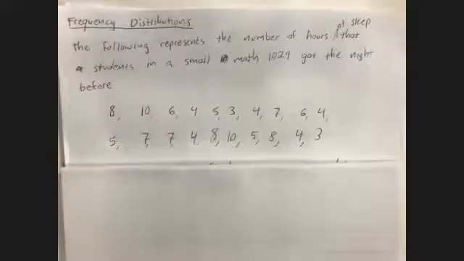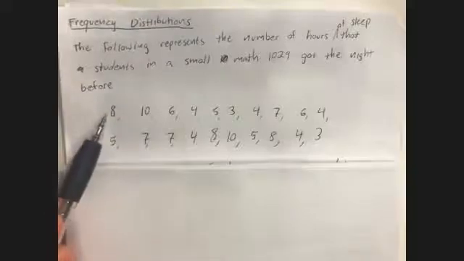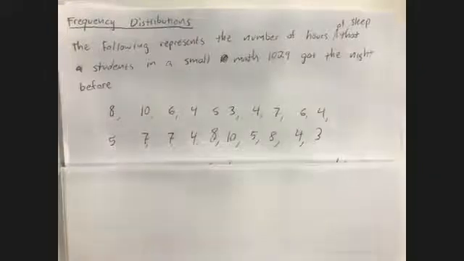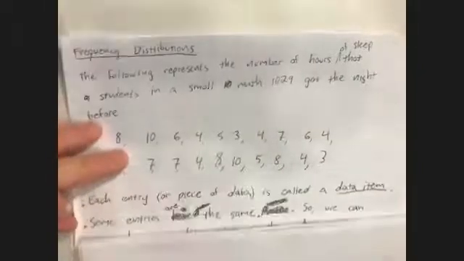These numbers represent the number of hours of sleep in a small Math 1029 class. They were surveyed. This is the number of hours they got the night before. All right. So yeah, there's 20 of them. You see some are decent, 8, 10, and then some are very low. Notice some of those repeat. So we're going to talk about that.